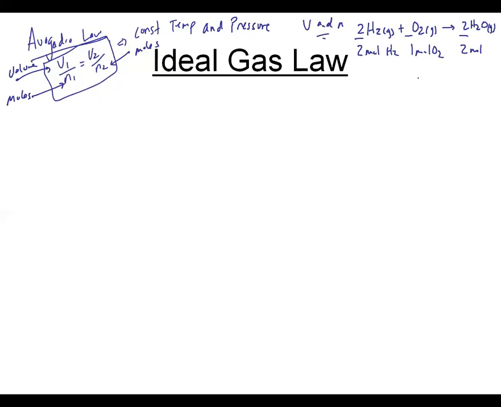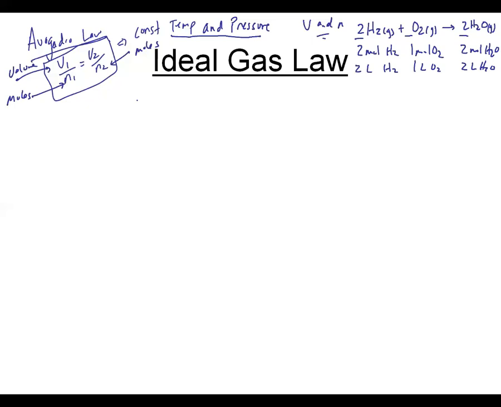And if we were dealing with this gas under Avogadro's law conditions, which would be constant temperature and pressure, we could look at those and say that there would be 2 liters of H2, gives us 1 liter of O2, gives us 2 liters of H2O. So what Avogadro's law states is the volume is related to the moles of gas that are there under constant temperature and pressure conditions.